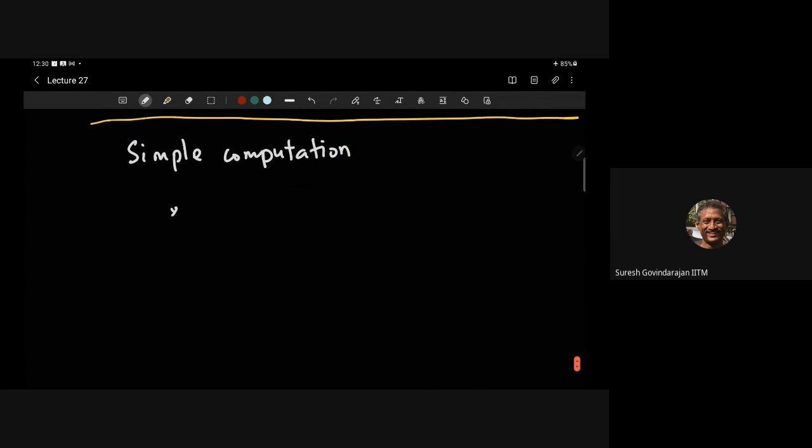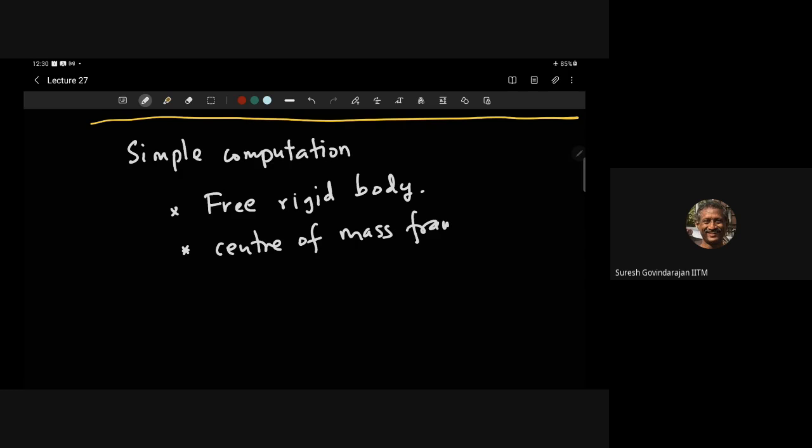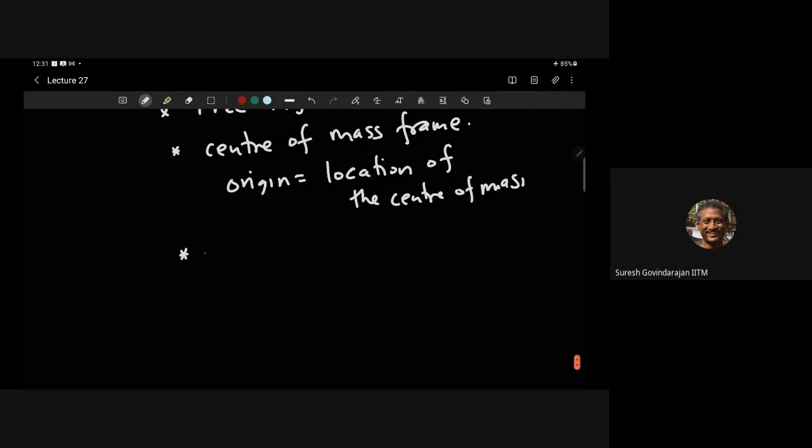We'll take a free rigid body, and we'll be in the center of mass frame, that means the origin is at the center of mass. Let's assume some symmetry, that is I1 is equal to I2, but that's not equal to I3.